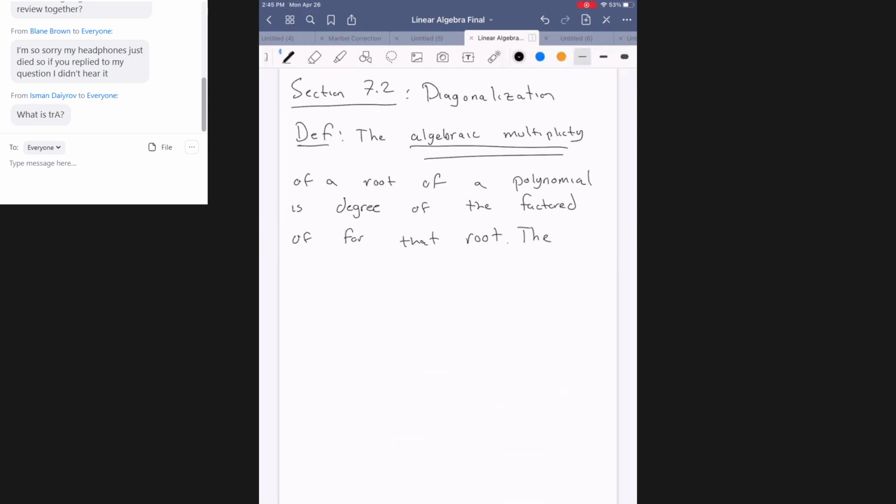The geometric multiplicity of an eigenvalue, in this case lambda, is the dimension of its corresponding eigenspace. Meaning the dimension of E lambda, right?